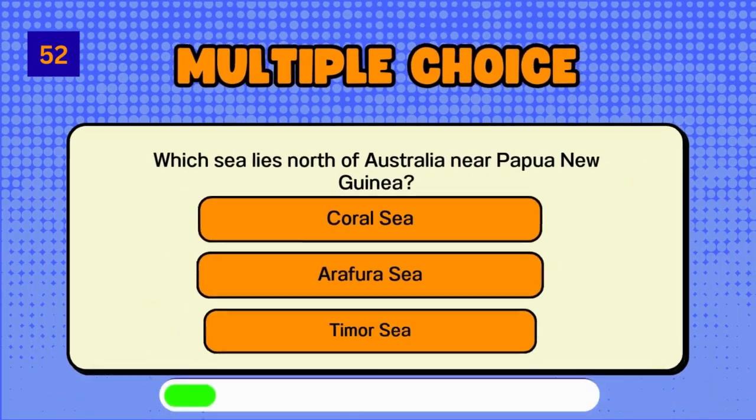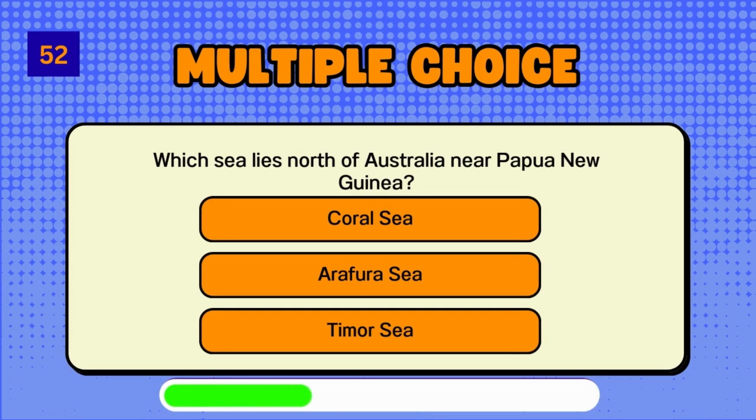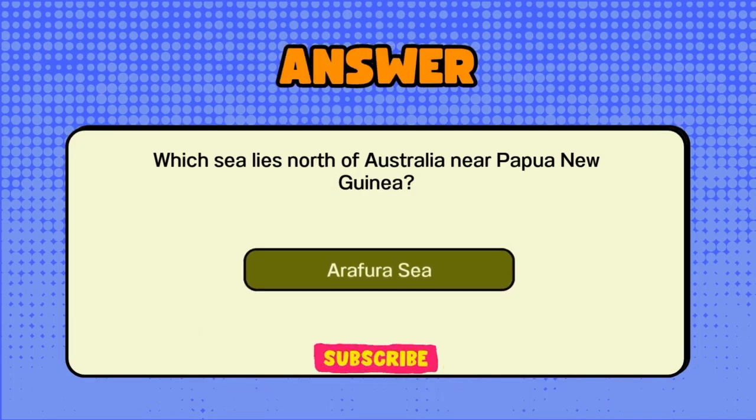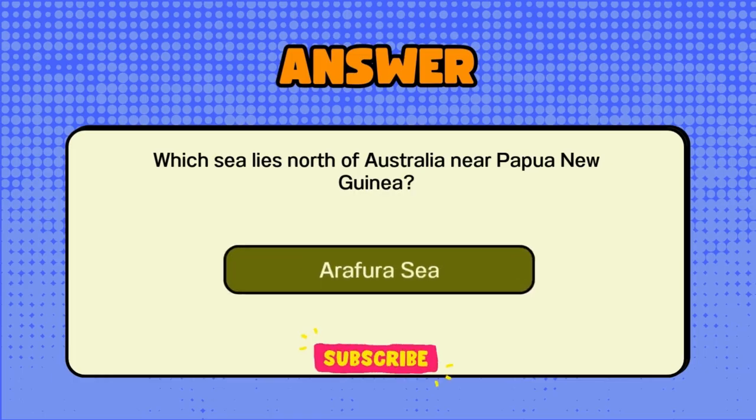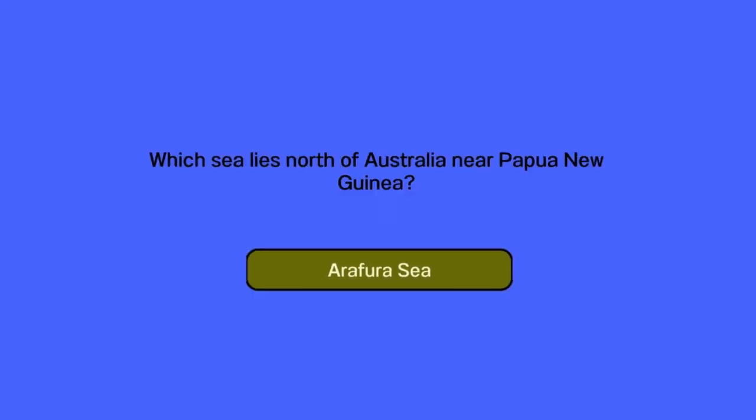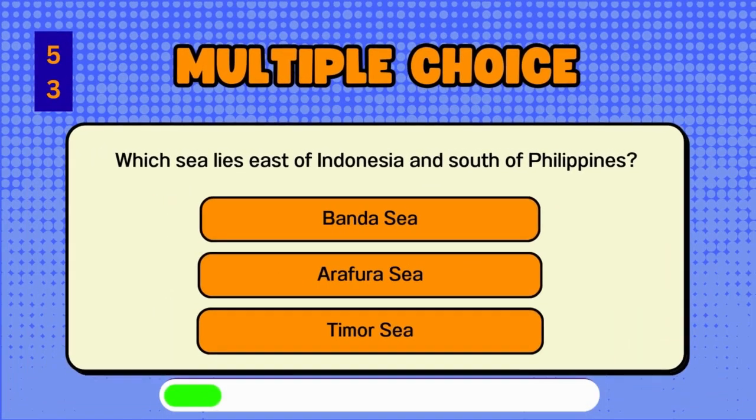Which sea lies north of Australia near Papua New Guinea? Which sea lies east of Indonesia and south of Philippines?